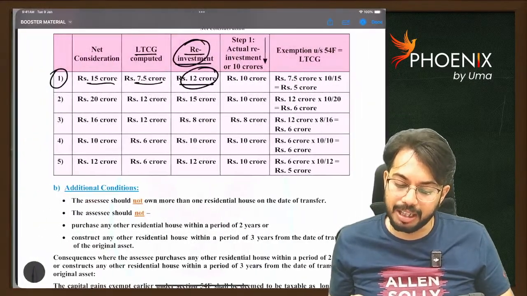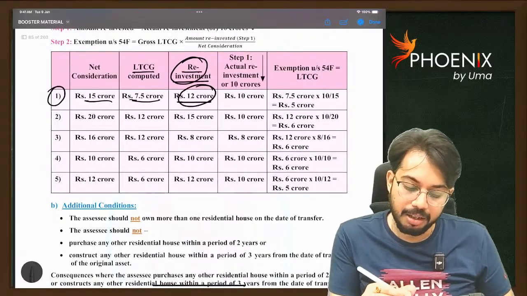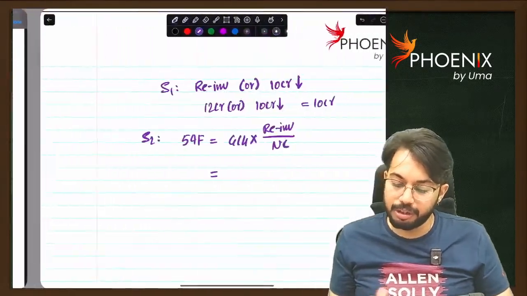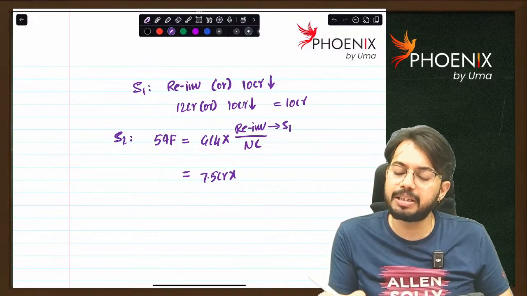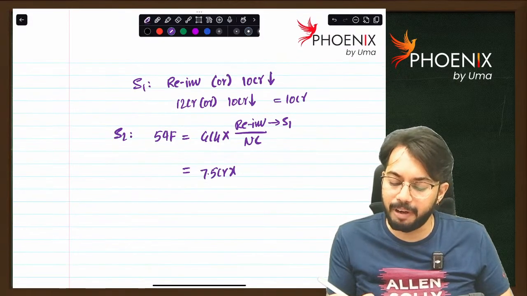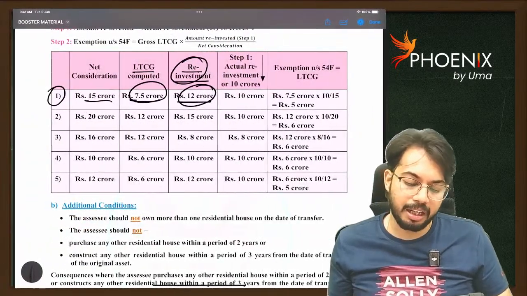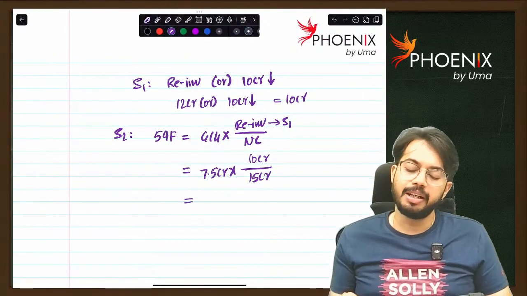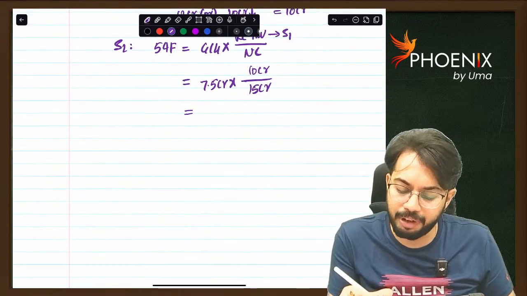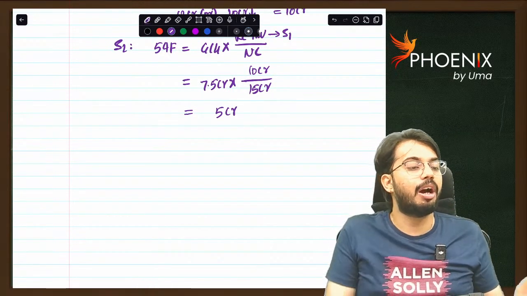How much is gross capital gain? Gross capital gain is 7.5 crores. So 7.5 crores into step 1, which is 10 crores, divided by net consideration, 15 crores. So how much is exemption? 7.5 into 10 by 15, 5 crores is exemption under section 54F. Are you able to understand?